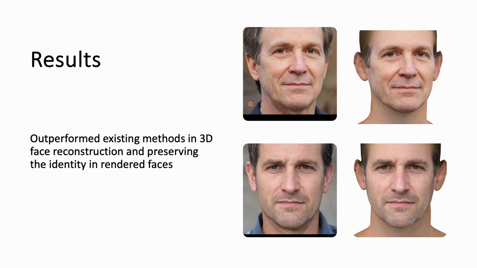Given the 2D images, the left hand side images, we can perform reconstruction which is quite close to the original images. So our identity similarity loss is very low.